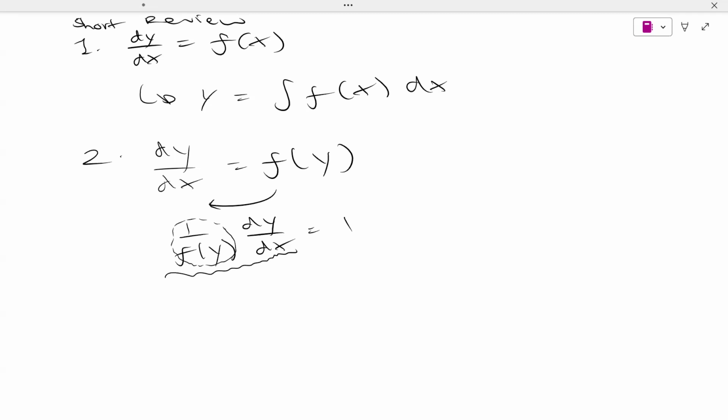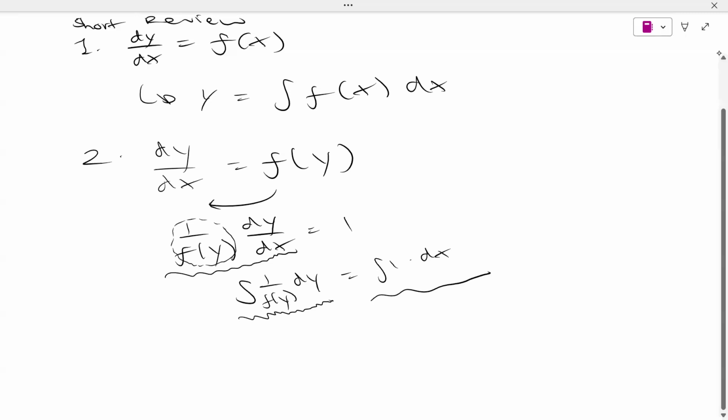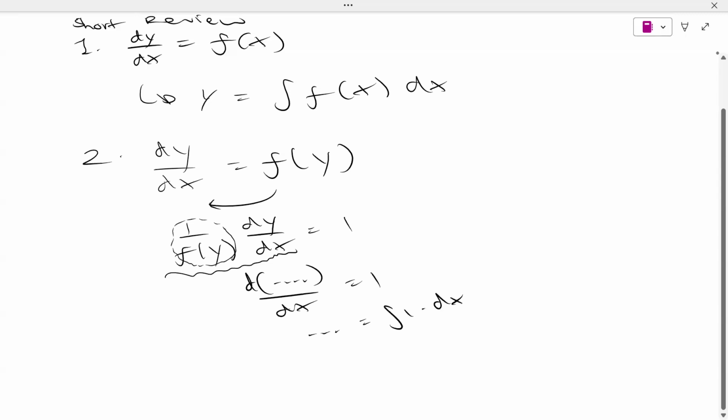So we can write the integral of 1 over f of y dy equals the integral of 1 times dx. This is our mystery function that when differentiated gives 1 over f of y. And this is just like what we did with the blah over dx equals 1, so blah equals the integral of 1 dx.